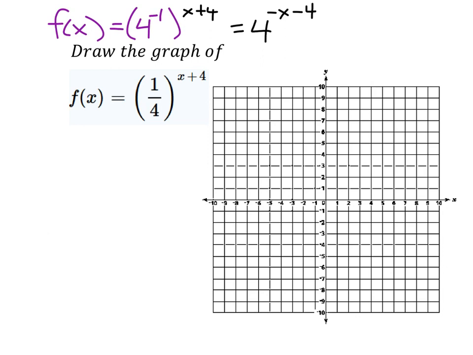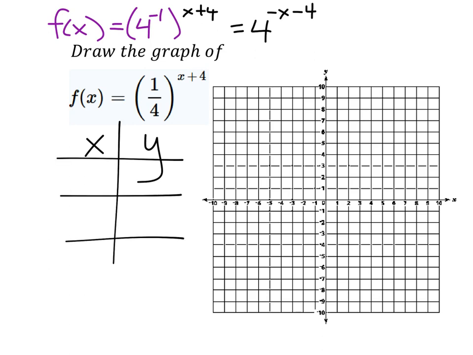But let's say we didn't notice that, and that would be okay. Then we got our x and f of x stuff. Again, it doesn't matter if you use y or f of x for me. So originally it started as x plus 4, but it is a fraction, so we kind of wanted to switch, right? And if we remember back with just the basics of what the graph of exponentials looks like, if the base is a fraction, then it should have something that looks like this.